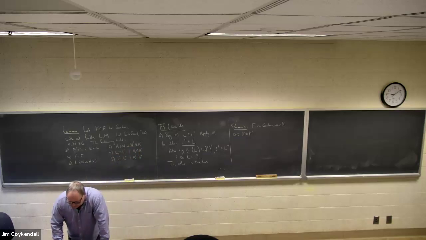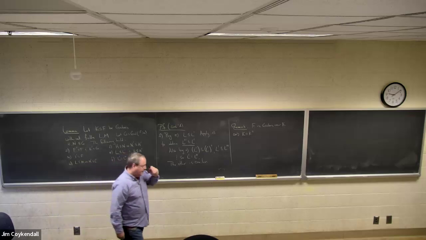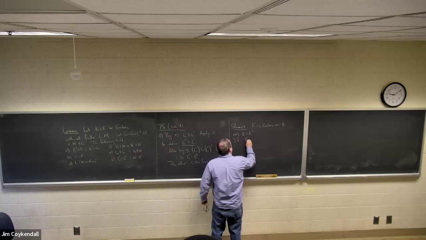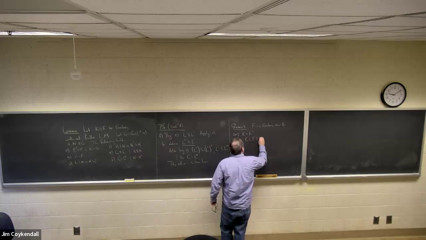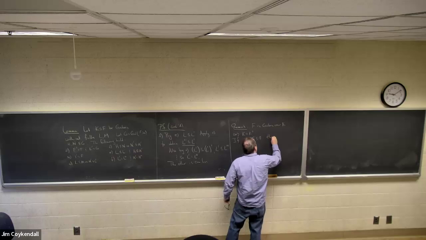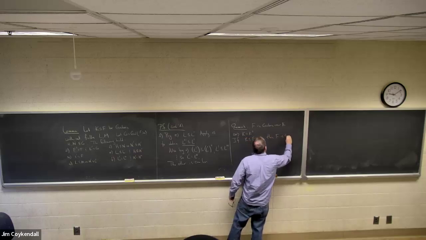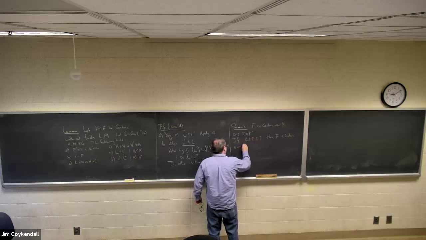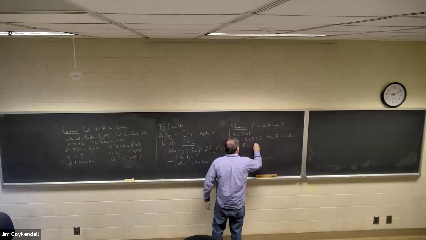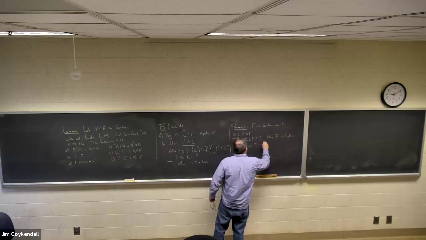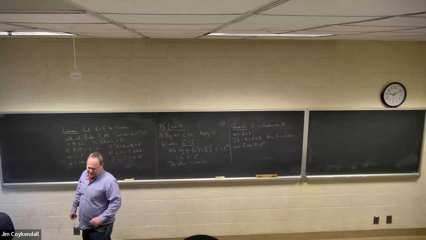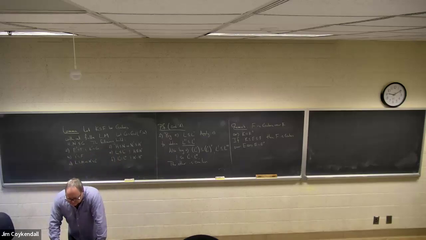Additionally, this is true for intermediate fields. F is Galois over E if and only if E is equal to E double prime. So that's a more general statement than previous.